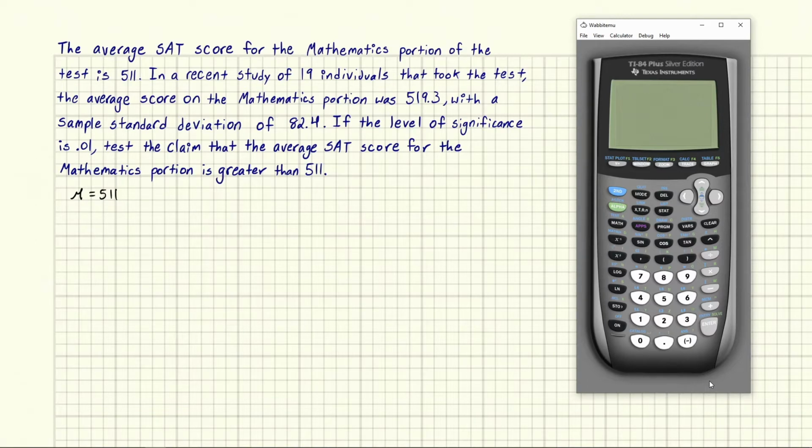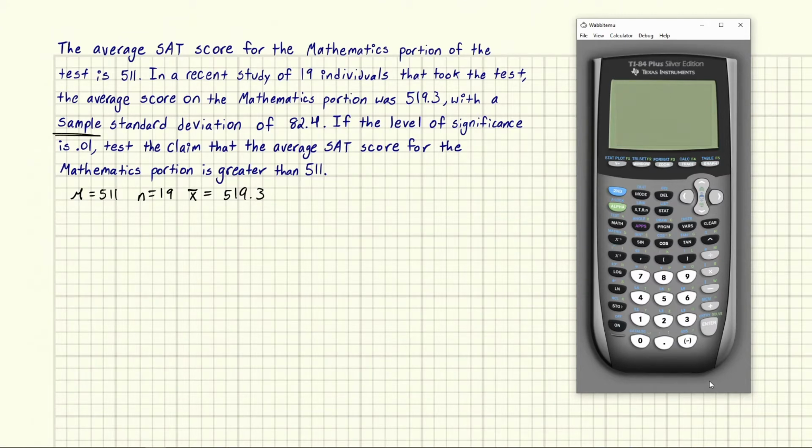In a recent study of 19 individuals, so we have a study, that's n, that's 19, that took the test, the average score on the mathematics portion was 519.3. So the average score for them, now this was our sample, right? Our sample of 19 people, so this was our sample mean, 519.3, with a sample standard deviation.